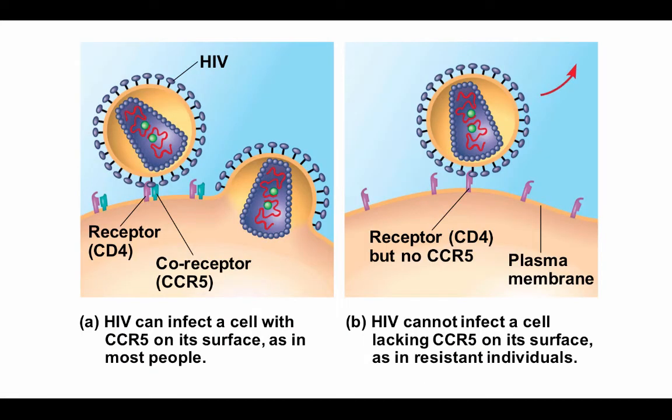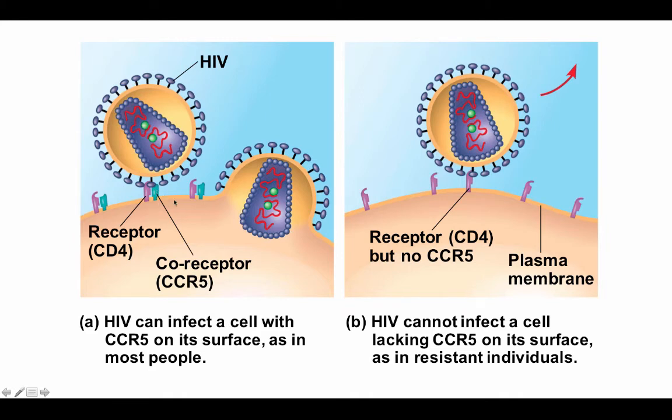An interesting example of the importance of some of these cell surface proteins is given in your book, and I'm not going to go into a lot of detail, but a very minor change in the expression of one of these receptor proteins can make the difference between being susceptible to HIV infection or being pretty much immune to it, because the HIV virus is going to use these receptor proteins as a point of entry into the cell.